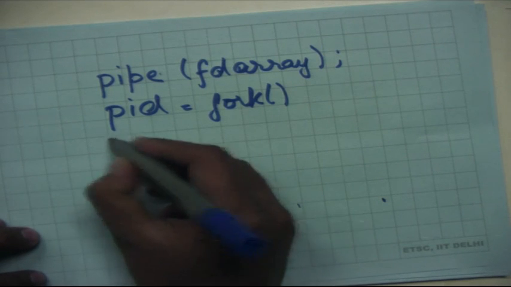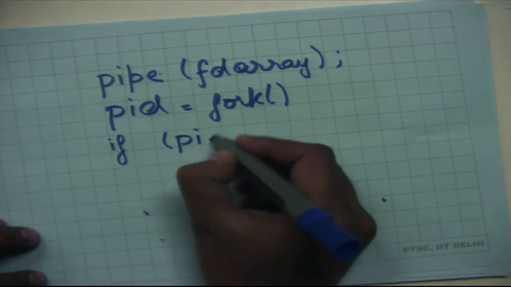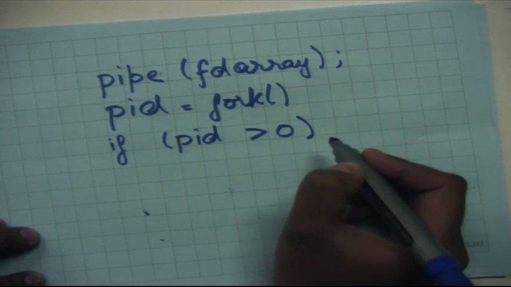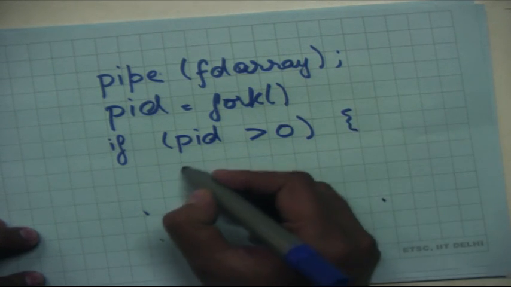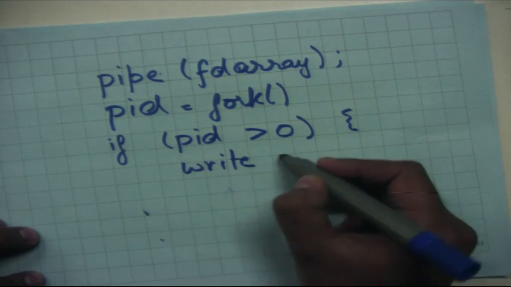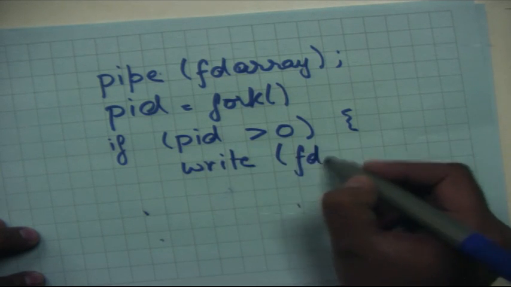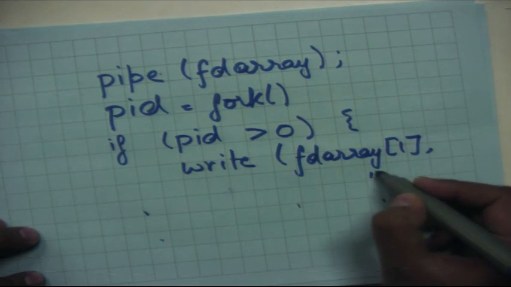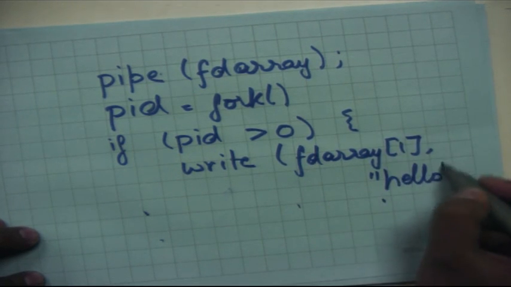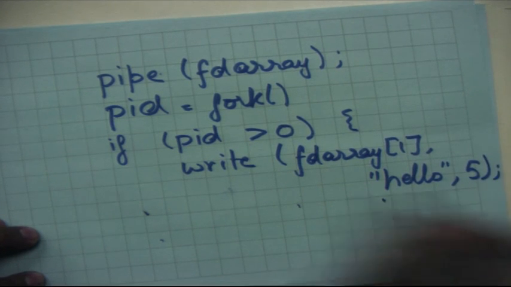Then I can say if PID is greater than 0, which means I am the parent, I write to FDRA1 "hello", right?